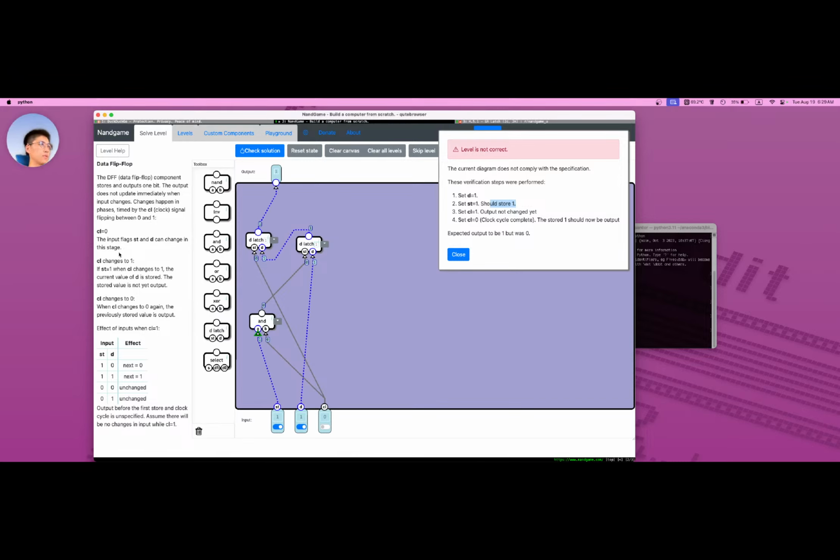Here, if ST is 1 when clock changes to 1, the current value of D is stored. I applied this condition here. My screen is clear, right? You can see, we can easily read it, right?